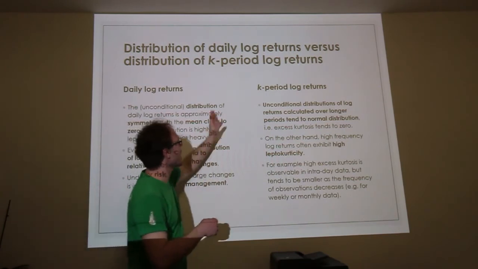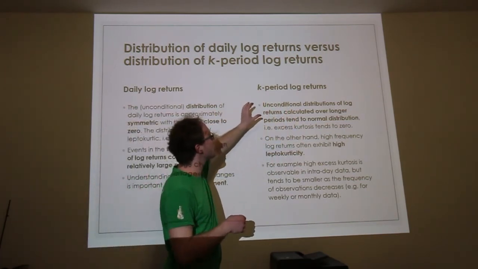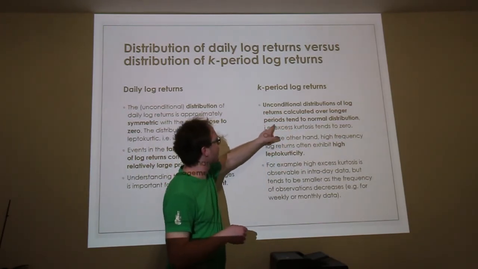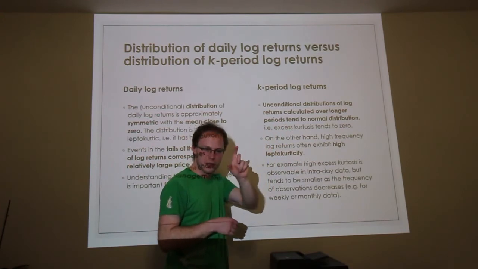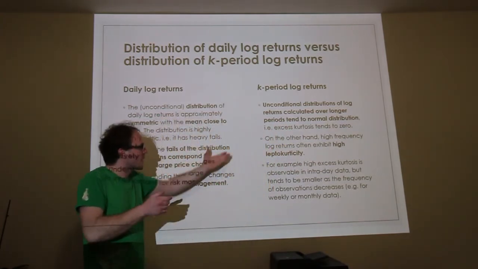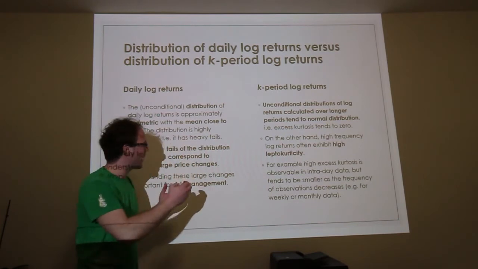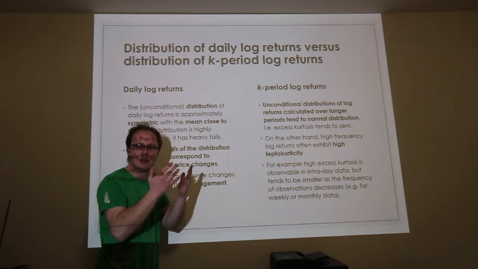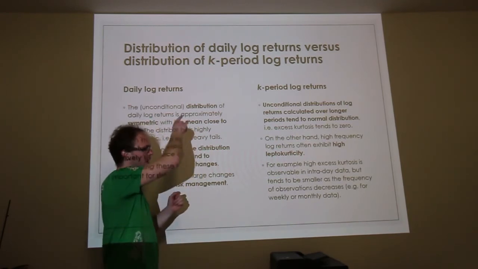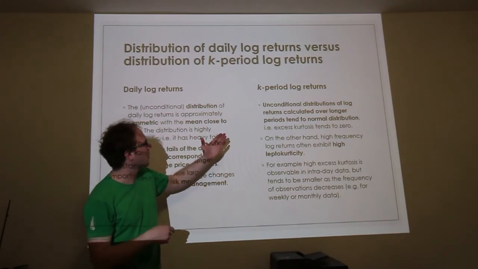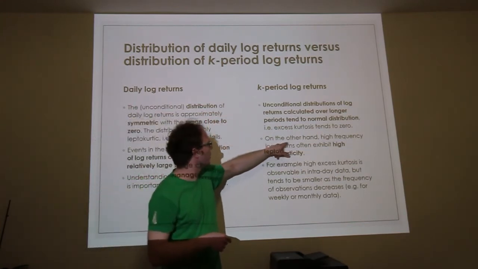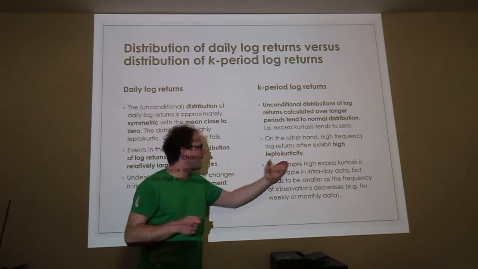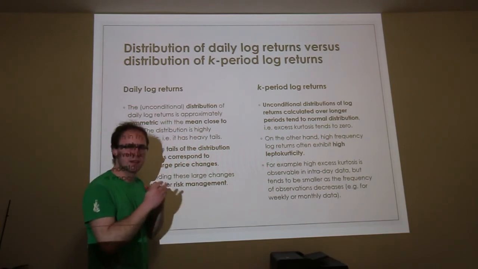And now k-period log returns. Unconditional distributions of log returns calculated over longer periods tend to a normal distribution. It means excess kurtosis tends to 0. In the case of the Jarque-Bera test, there is very small penalization. Do you remember the second power of kurtosis? On the other hand, high frequency log returns often exhibit high leptokurticity.